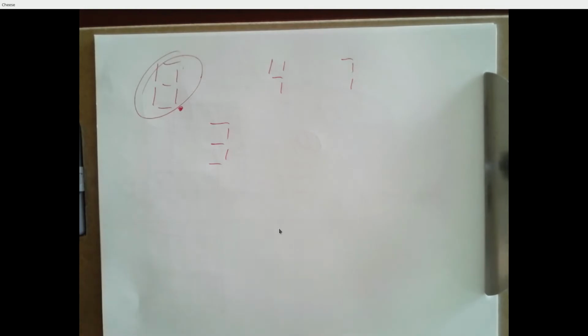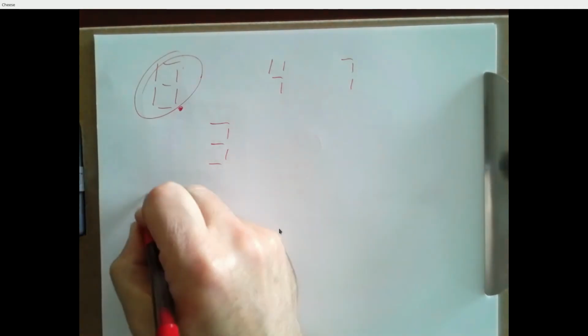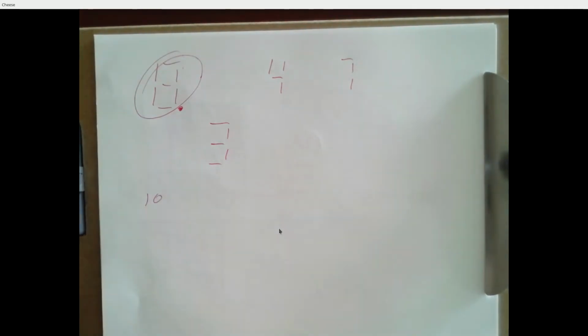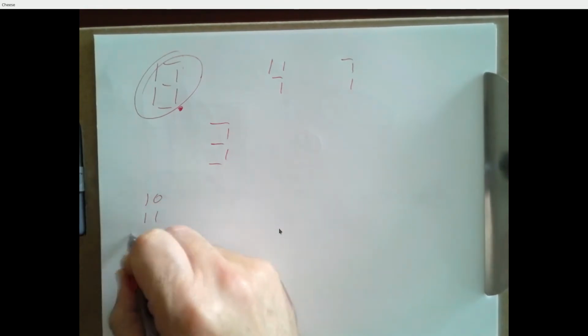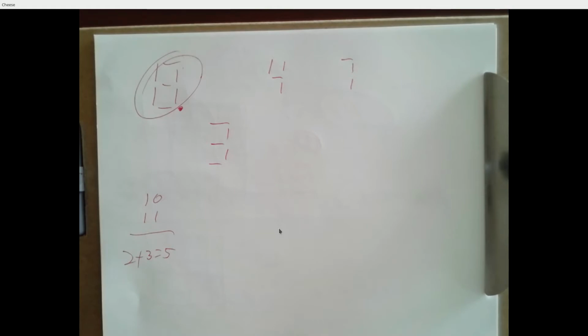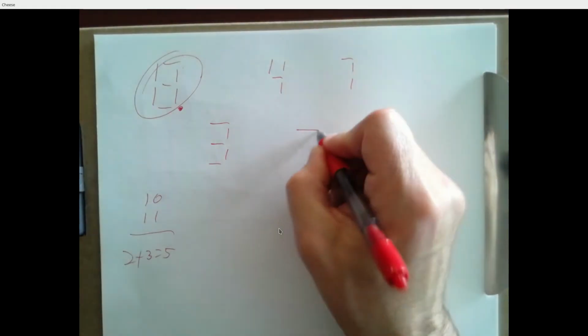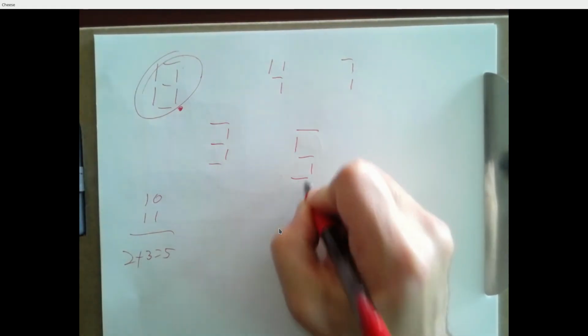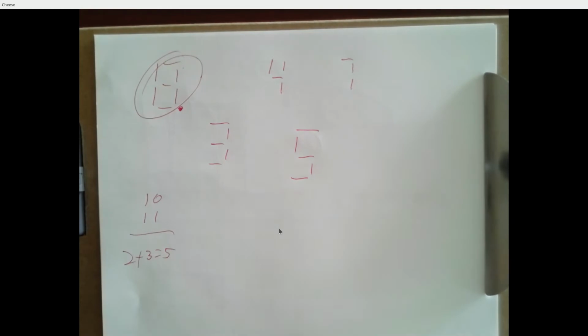If I set one of my inputs to be 1, 0, that's the number 2, and I set my other inputs to be 1, 1, that's the number 3. Your circuit should calculate 2 plus 3 equals 5, and then it should light up these segments to make it look like the answer is 5. It's a pretty cool circuit when you get it all done.